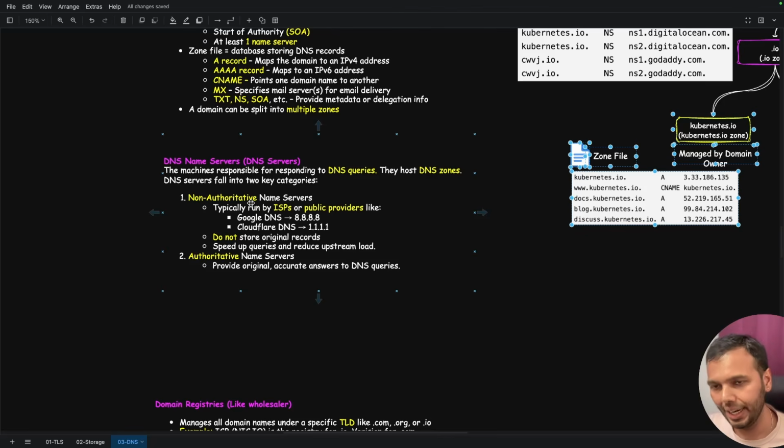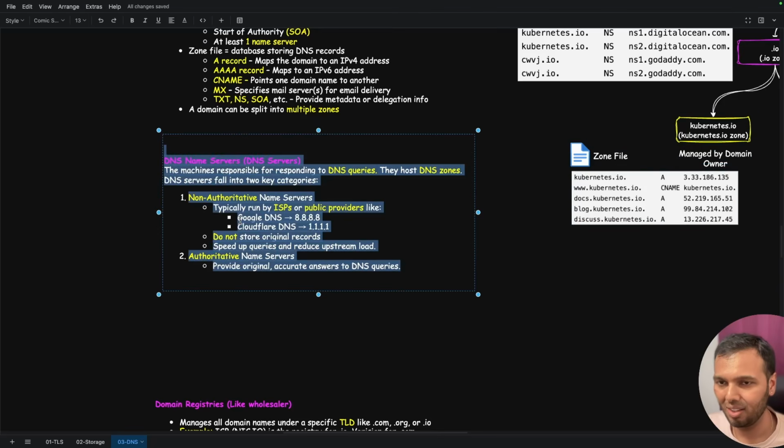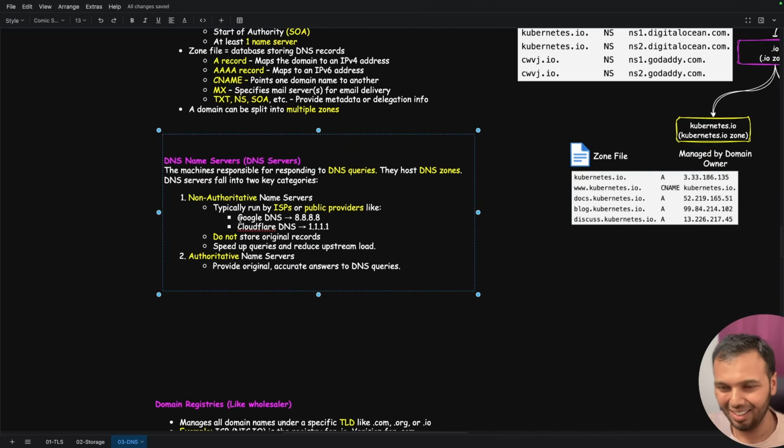Now, why do we need non-authoritative servers, Varun? Authoritative servers sound like the way to go. As you understand, DNS is a scattered system, and we do not want to bombard the root servers with requests again and again. Hence, these DNS servers, managed by your ISP or public providers like Google DNS or Cloudflare DNS, cache the information and share it with you so that the root servers are not loaded.